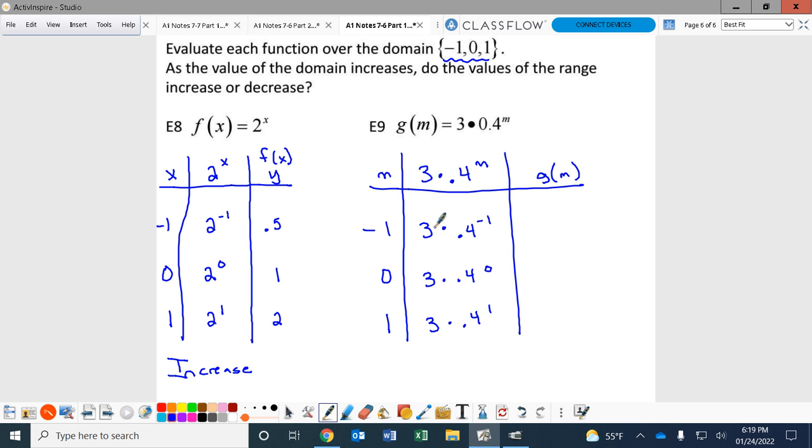To type this, it would be 3 times 0.4 power button 1 negative equals. That should give you 7.5. The next one gives you 3, and the last one gives you 1.2. Which, as you can see, means that they go down in value or decrease.